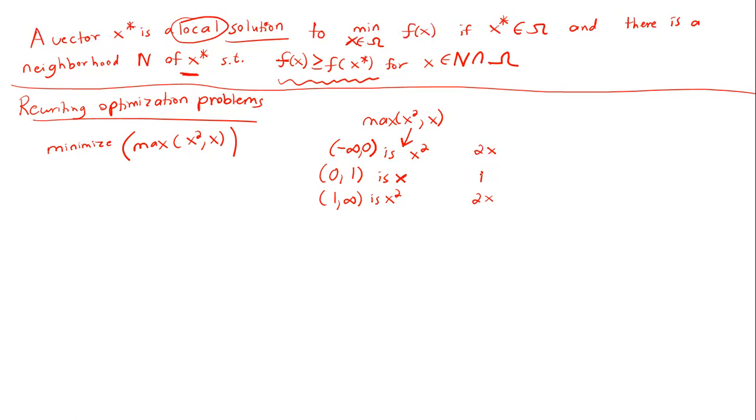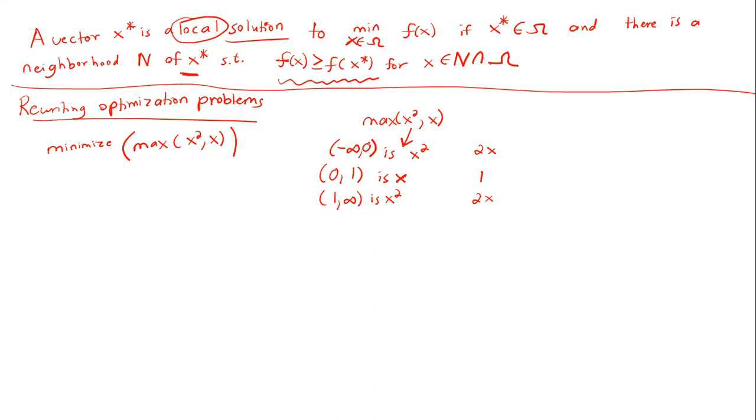So 2x is not going to always equal 1, for example. I think that shows that these derivatives are not the same everywhere.